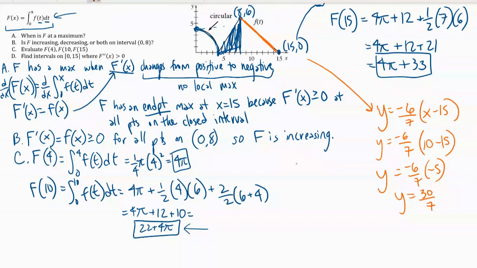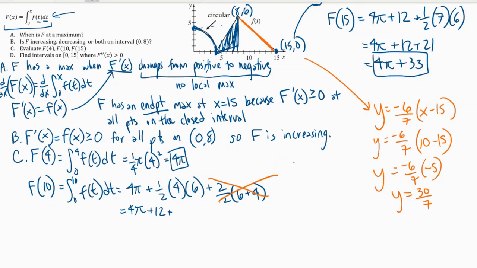So this is actually not 12. I'm sorry, that is 12. Sorry. This part's the wrong part. That trapezoid is not 10. So let me go back and fix that. So that is a width of, let me draw that trapezoid back in, a width of 2 still. My first height is still 6, but my second height is actually 30 over 7.